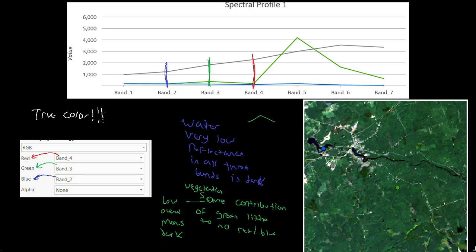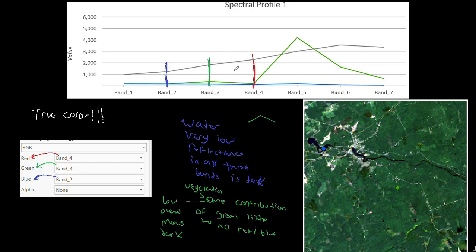So let's talk about this urban setting for a second. This doesn't really look exactly like a flat line, and again, this is where the idea of the display value really emphasizes this. But it's mostly flat. So you're going to get roughly equal contributions of blue, green, and red.